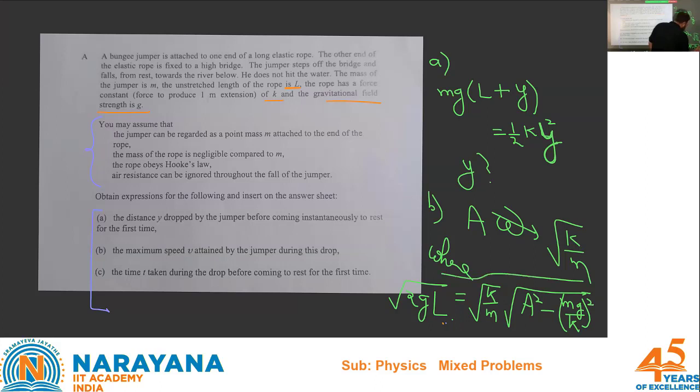Just check this equation and you solve it out and look for the positive root here, and I think that works.